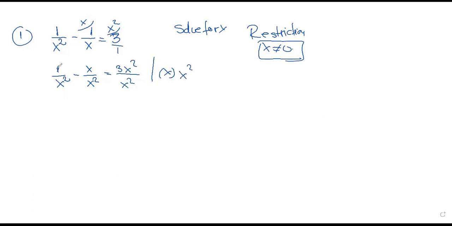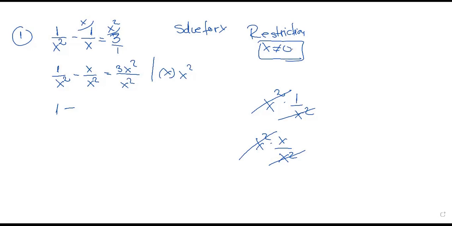Yes, so it's 1. 1 minus, then that is x to the 3 over x squared, simplify.